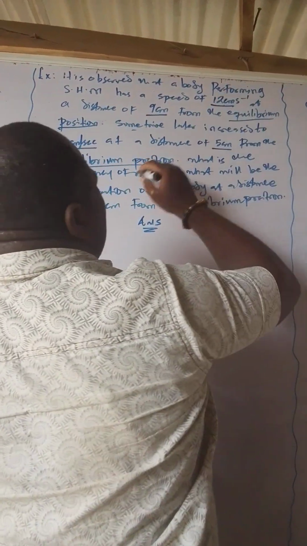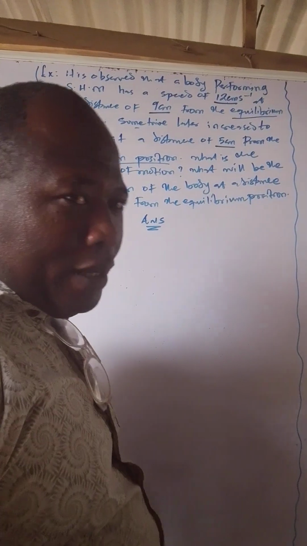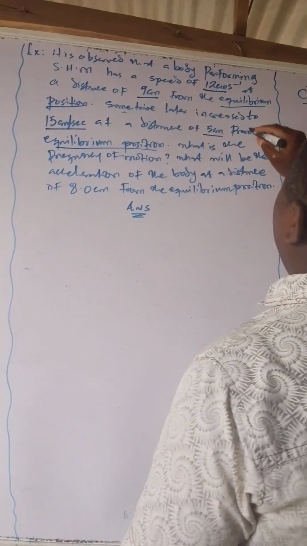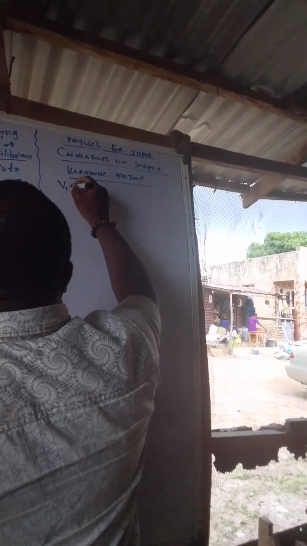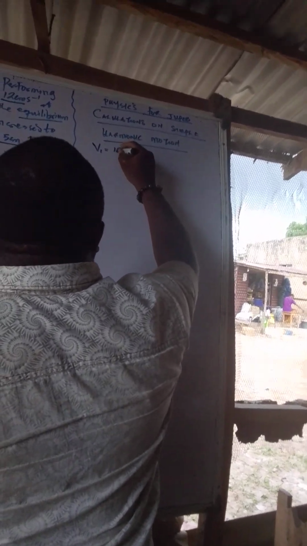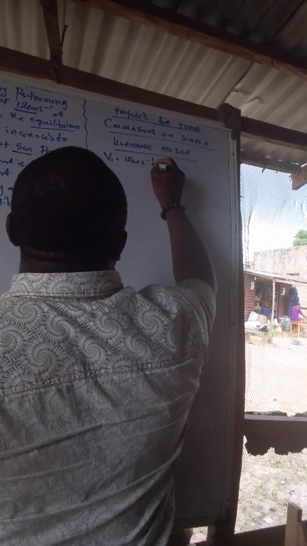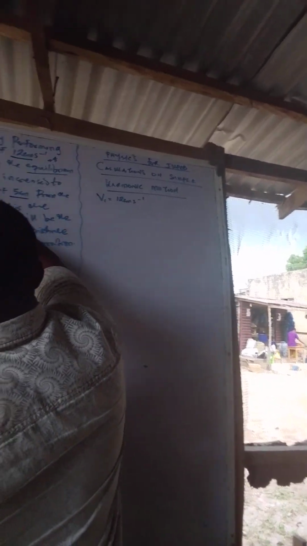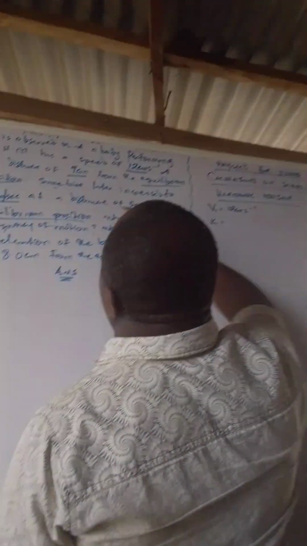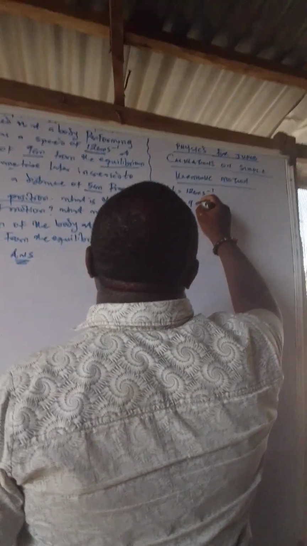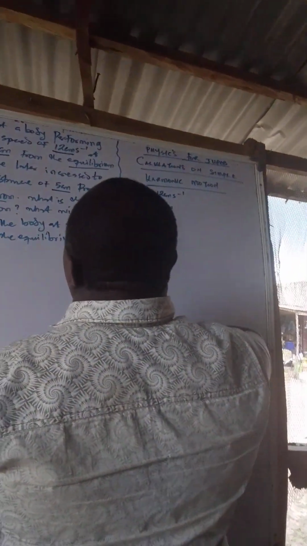So we have two speeds and two displacements. Let us take 12 centimeters per second as speed V1, then the distance x1 as 9 centimeters.